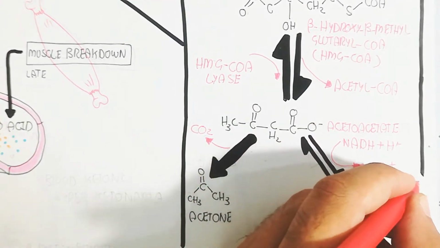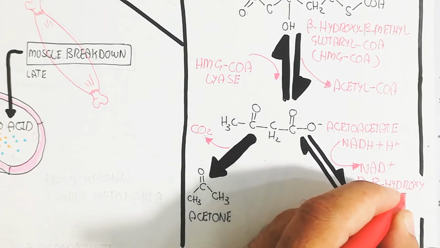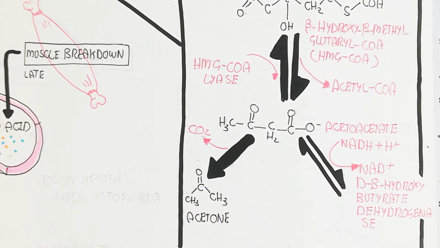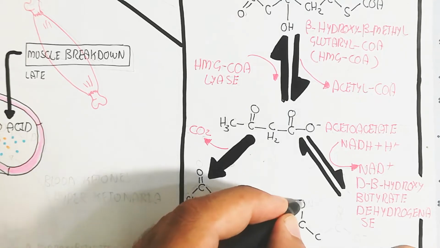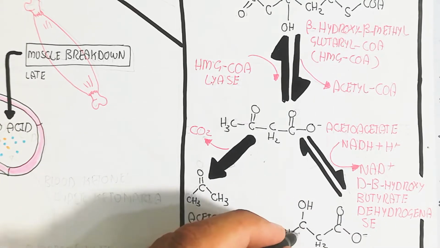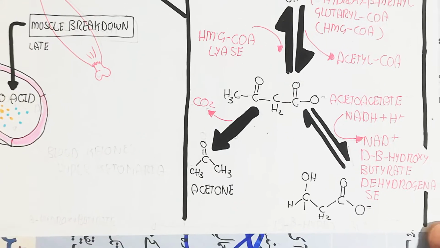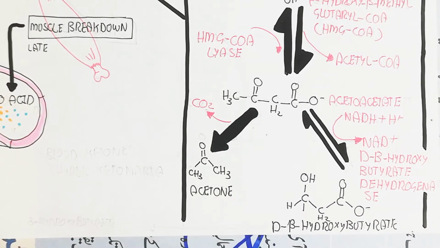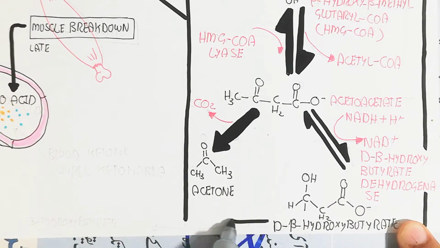So acetoacetate formation, this is the ketone, will use NADH for hydrogenation by the D-beta hydroxybutyrate dehydrogenase enzyme to produce D-beta hydroxybutyrate, and as well, decarboxylation will lead to the production of acetone.